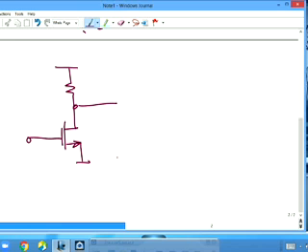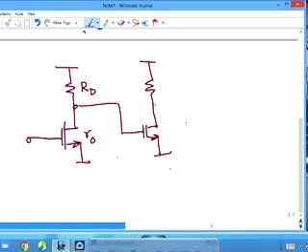And this will have a gain of minus gm times RD in parallel with RO. And then you put another stage. So that's your cascaded amplifier. Two stages. You can have many such stages.